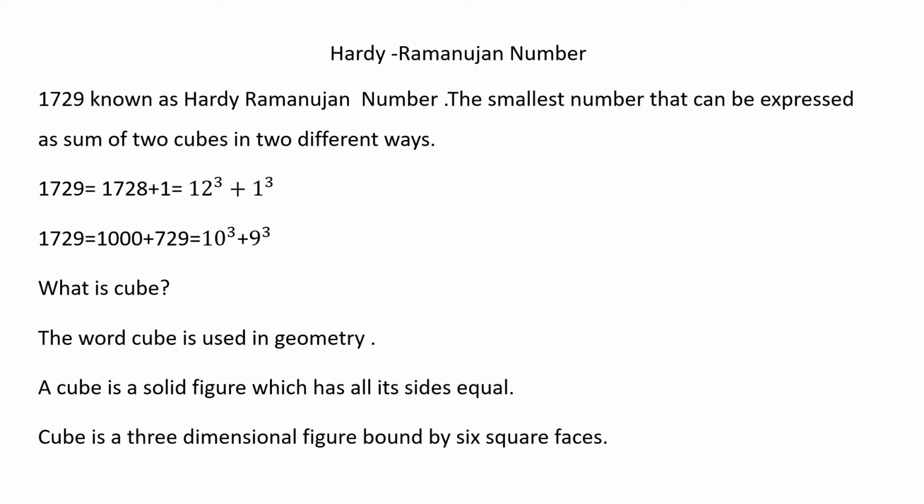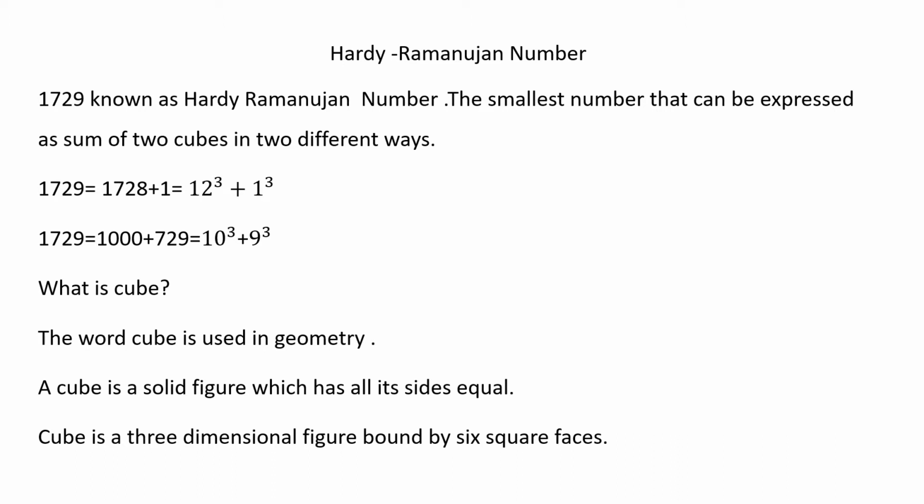Hardy is also a mathematician, and Ramanujan is an Indian mathematician. Ramanujan used to research numbers. He was very interested in mathematics, and he used to solve many types of problems and experiment with numbers.